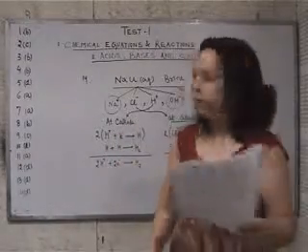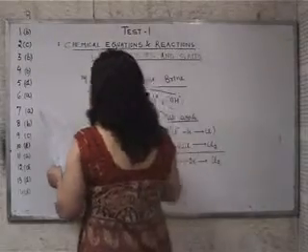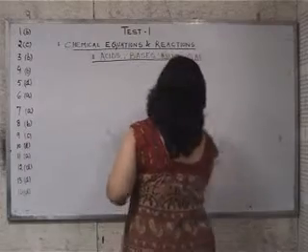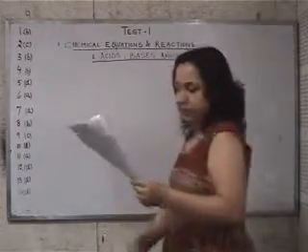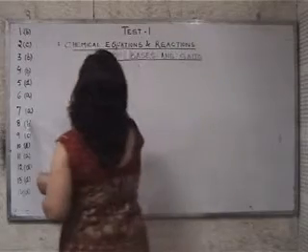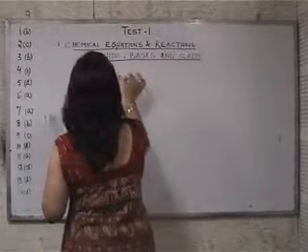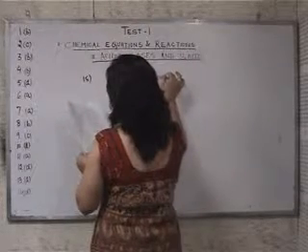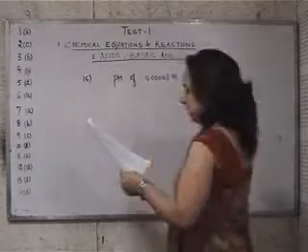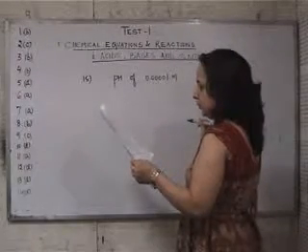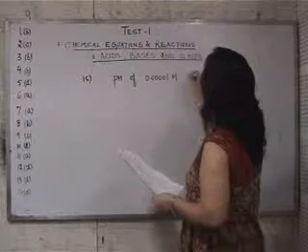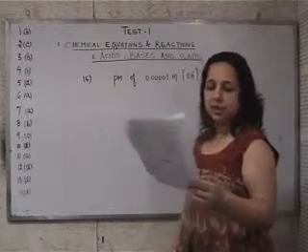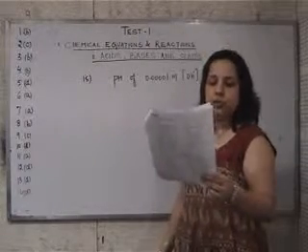15th question is about pH. Question is, hydroxyl ion concentration of solution is 0.0001 molar.